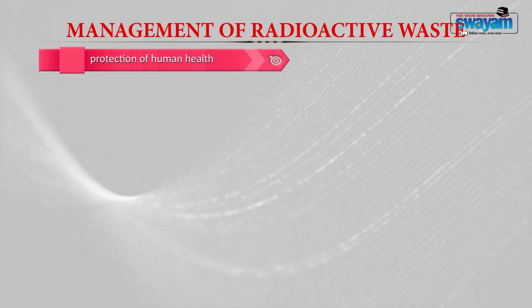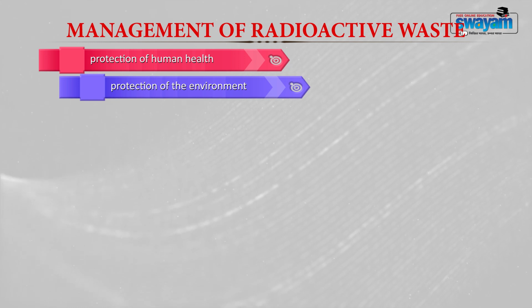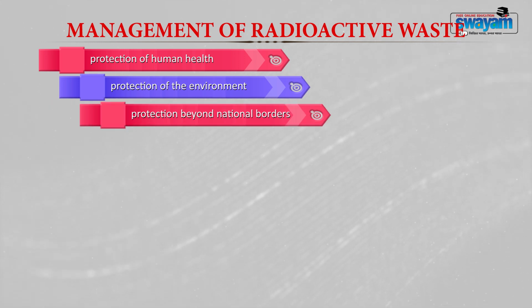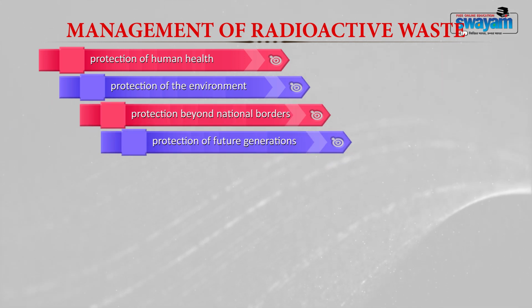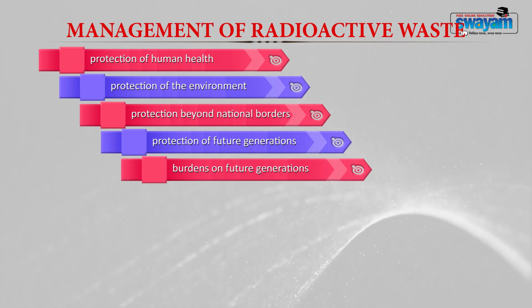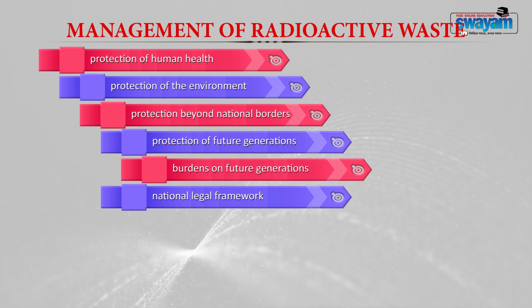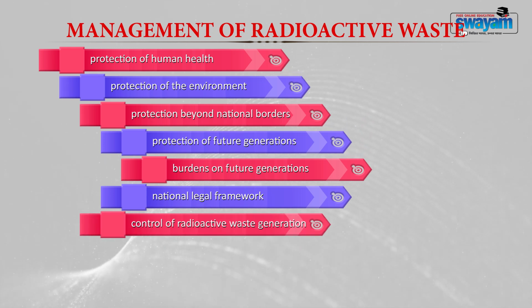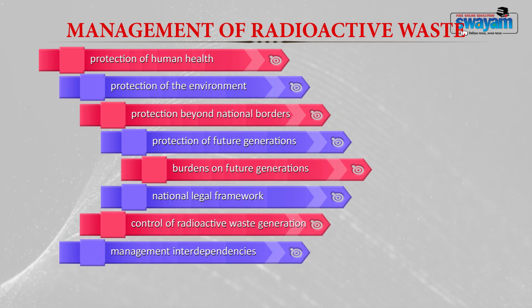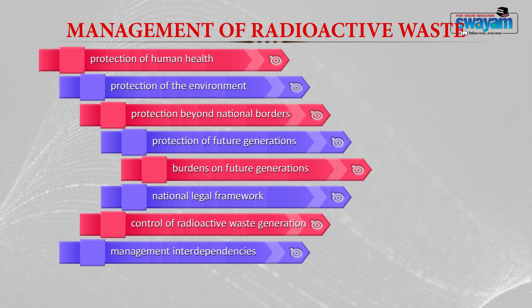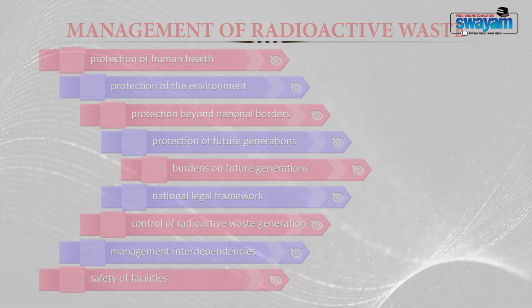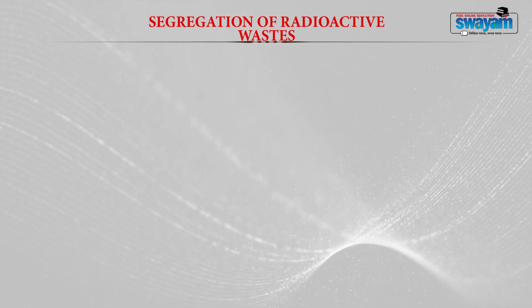According to IAEA, the principles of radioactive waste management are protection of human health, protection of the environment, protection beyond national borders, protection of future generations, burden on future generations, national legal framework, control of radioactive waste generation, management interdependencies, safety of facilities, and segregation of radioactive waste.